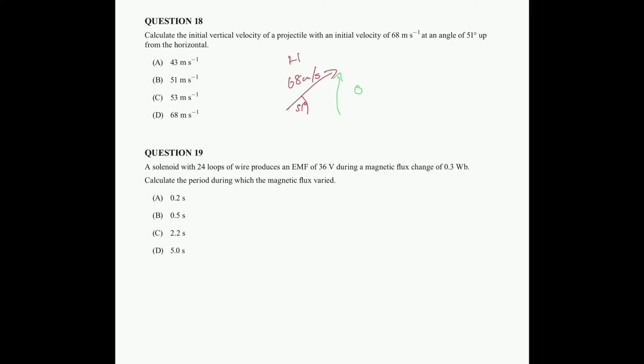We're going to do the initial velocity, the hypotenuse, 68 sine 51. Punch that into our calculator and we're going to get 52.84. And again, think of your units, that's in meters per second. That's going to closely round to 53 meters per second, so we're left with C.